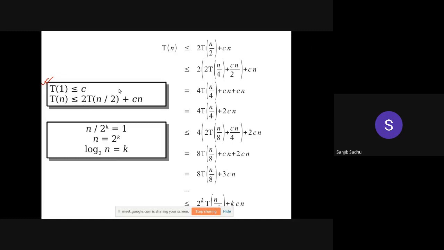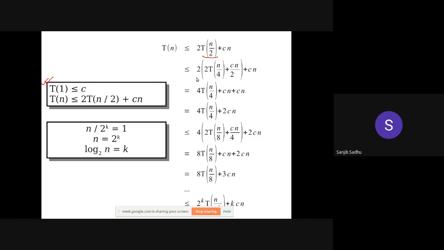So what we will do here is expand this T(n/2) by replacing in T(n) = 2T(n/2) + Cn. Therefore T(n/2) will be 2T(n/4) + Cn/2.